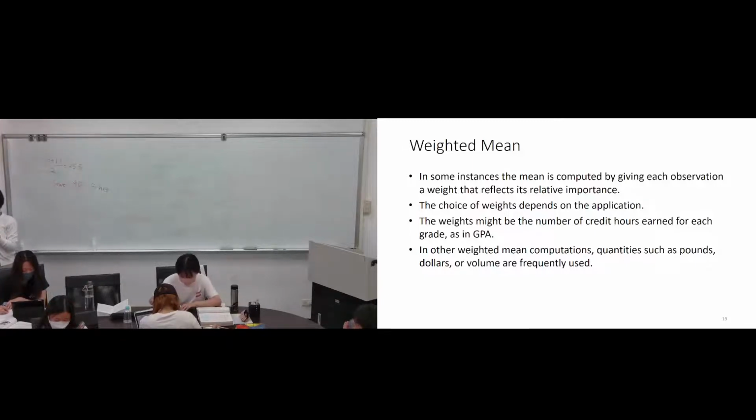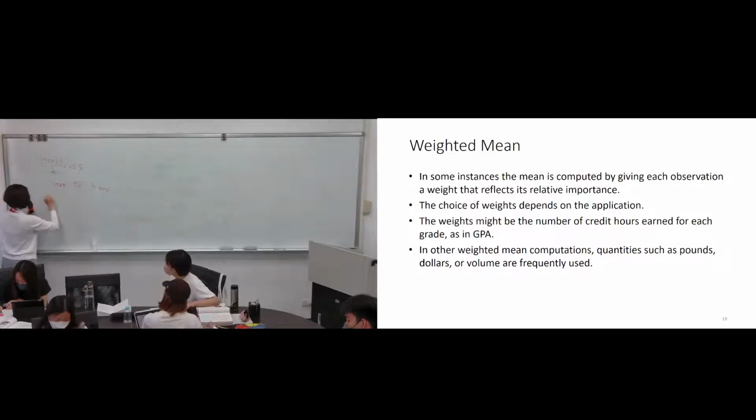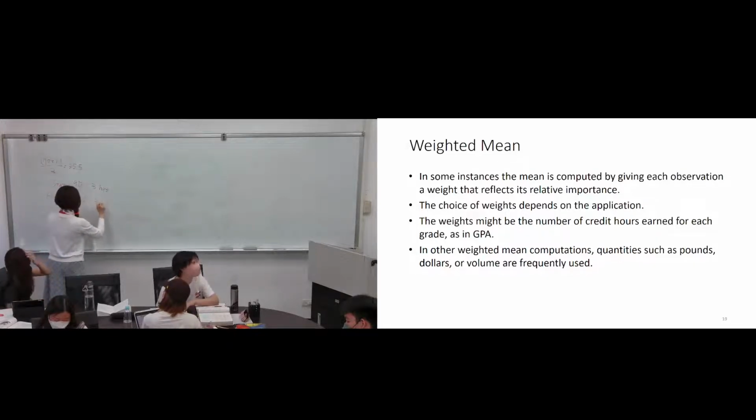And are you taking investment? Oh no, which one? And what else are you taking? What courses are you taking right now? Oh, financial accounting. Let's say you obtain 88, and accounting is 3 credit hours.